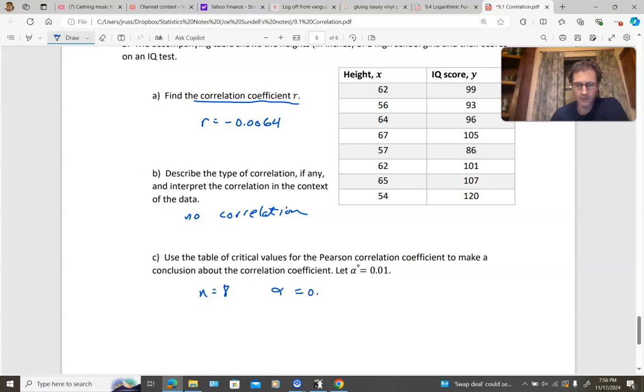Alpha is 1%. We're going to go back to that Pearson correlation coefficient table and find that critical value. If the absolute value of R is greater than that critical value, then we can say that there is a correlation between these two variables. But if it's not greater, then we conclude that there is no correlation.